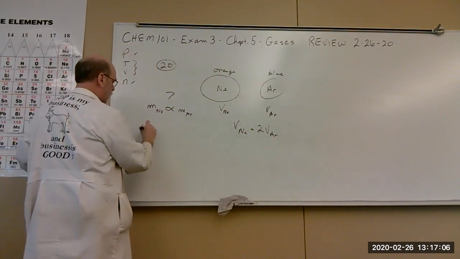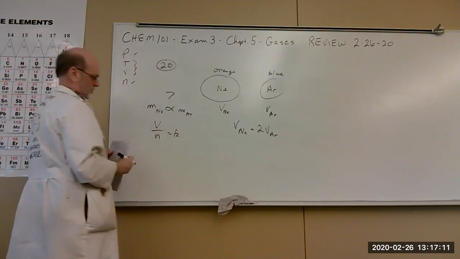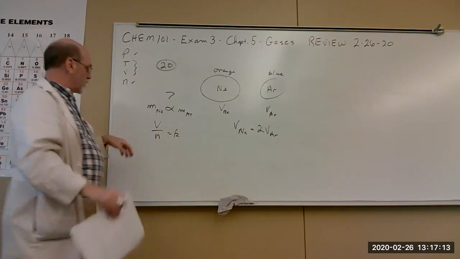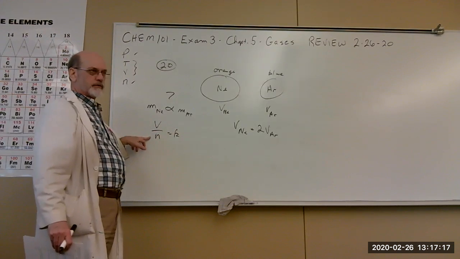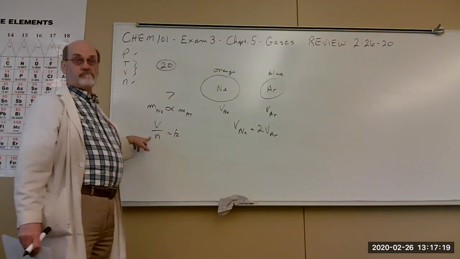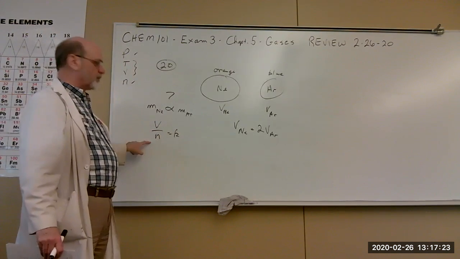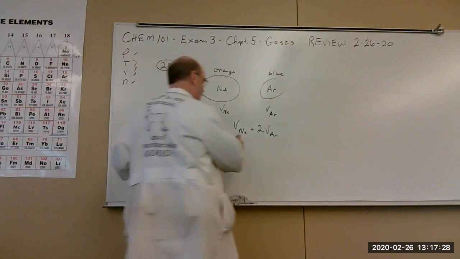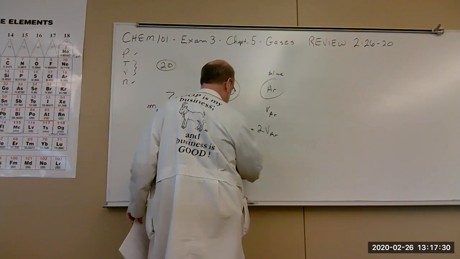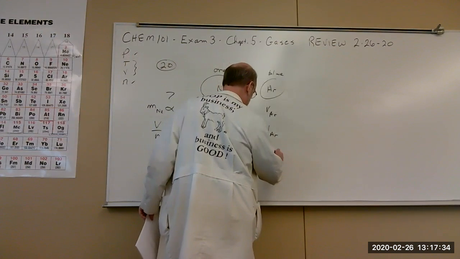So Avogadro's law says that the volume and the moles are related this way. If you increase the volume, you have to increase the moles. So if we're going to double the volume, we have to double the moles. So we know now that the number of moles of neon is twice the number of moles of argon.